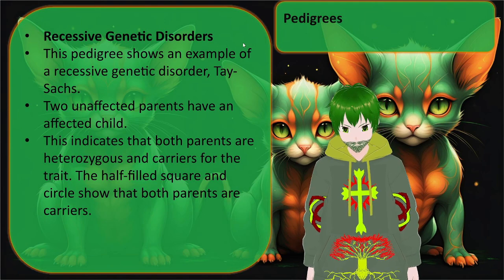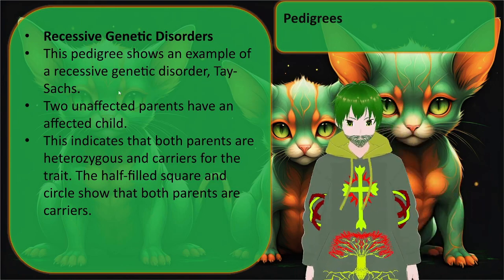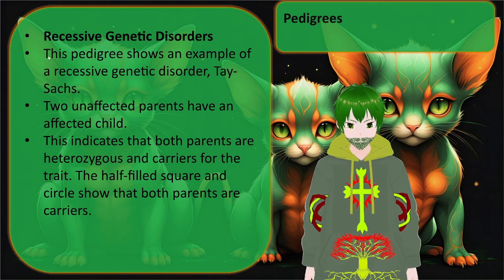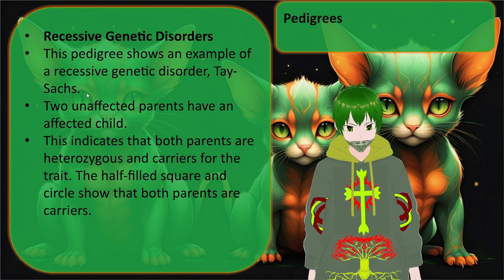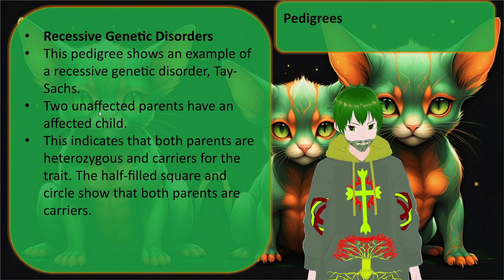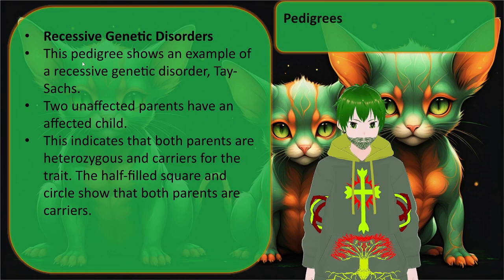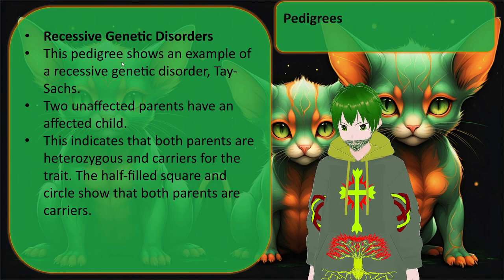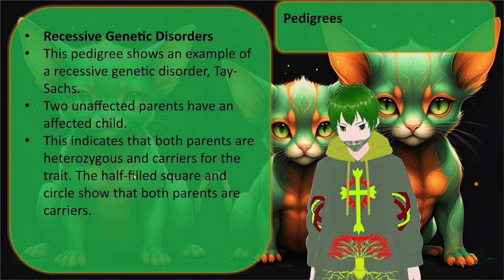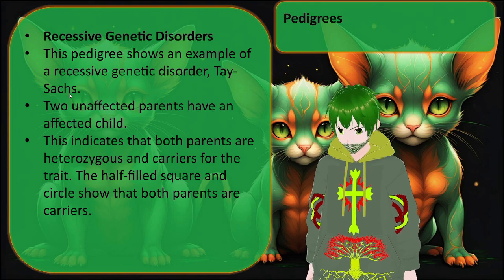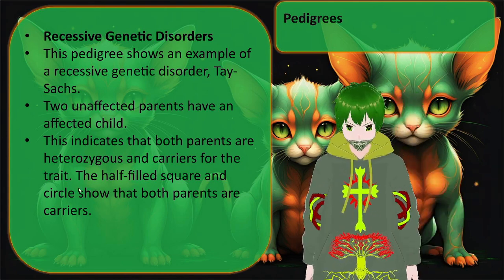Now, recessive genetic disorders are the type that we most commonly find in the world. So the pedigree that would have been here is one of Tay-Sachs disease and has two unaffected parents with an affected child. For a recessive disorder, someone with Tay-Sachs disease would have to have two parents that are carriers if they didn't express the disease themselves.